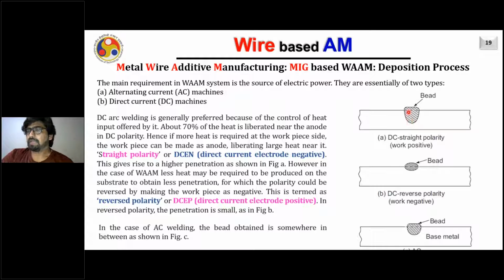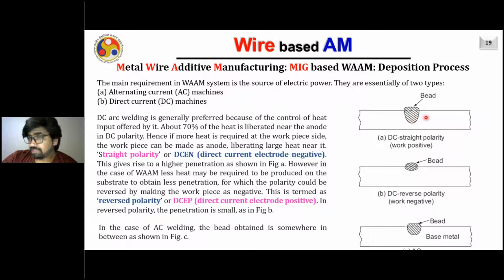The other polarity is reverse polarity, where the electrode is positive and my substrate or workpiece is negative. In such a case, material will get deposited more, so more deposition will happen, but the penetration of the substrate won't be as much as compared to the straight polarity.